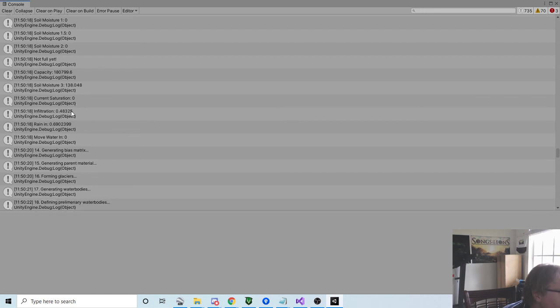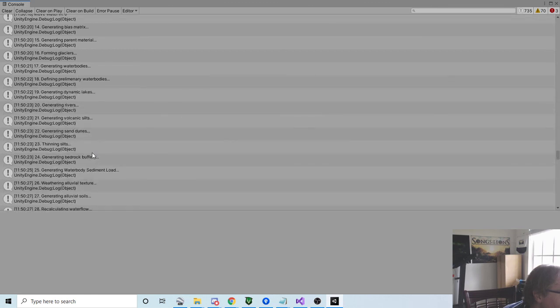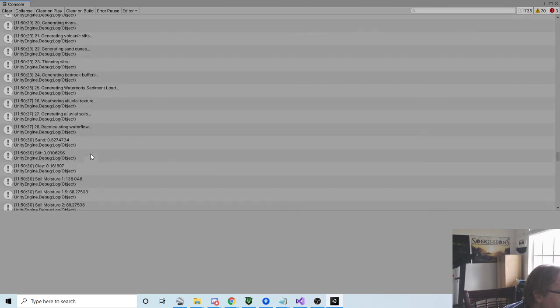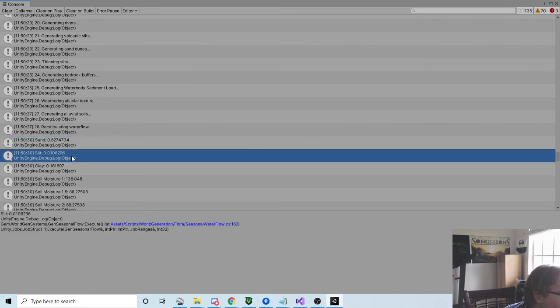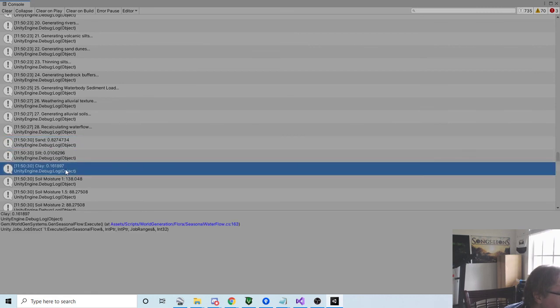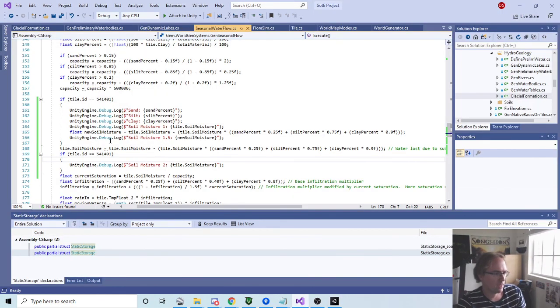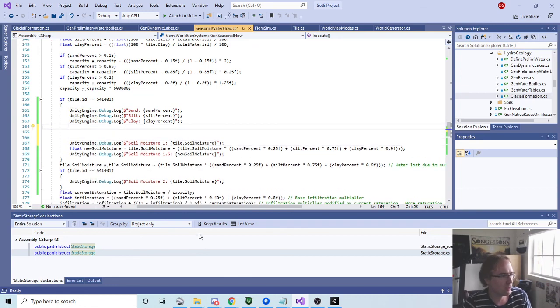Current saturation, infiltration, rain in. Move water in. Okay, this is super sandy. Which, yeah, I need to log out. I need to log out current rainfall.